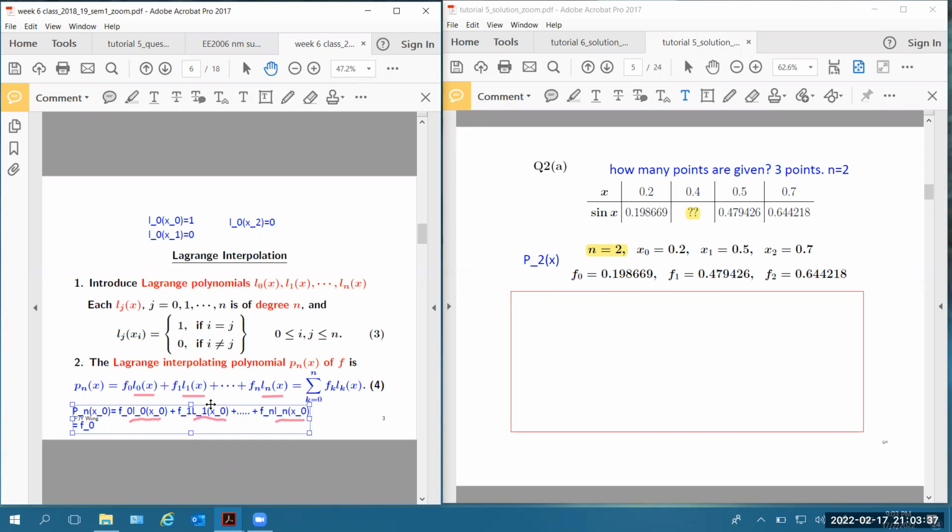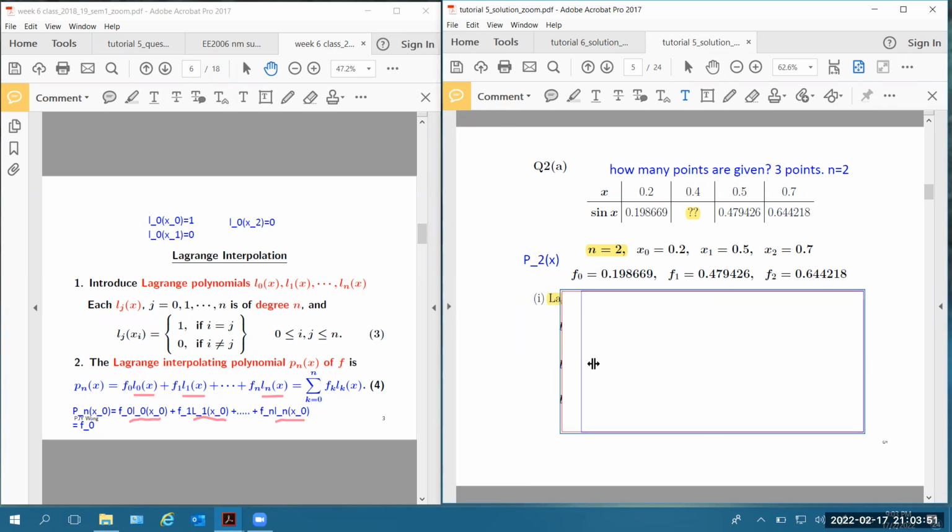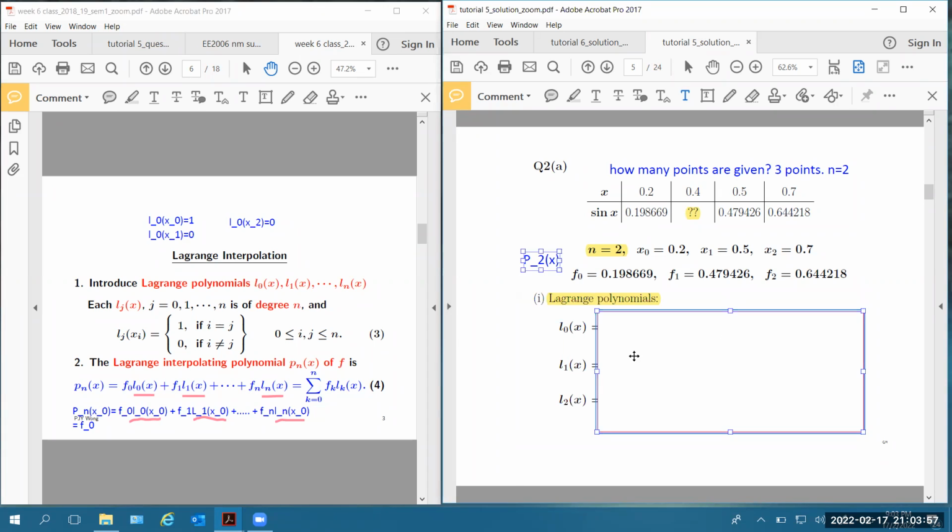So your last term, n is 2, right? So your last term will be f2 L2(x). So that means you need to write down your L0(x), L1(x) until L2(x). That's why you see here, I'm writing down my L0(x), L1(x), L2(x). So these are my Lagrange polynomials that I need to write down, right?